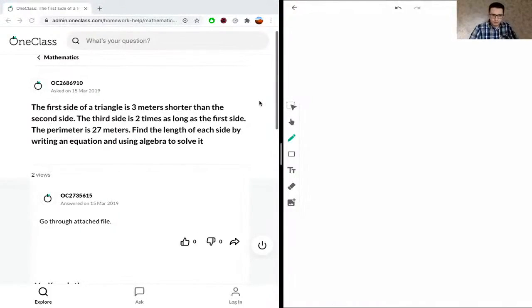So they've given us some information, and we can start off by just relating this information in terms of variables. So we can just draw a triangle, and we'll just label each side A, B, and C. And then we have the first statement.